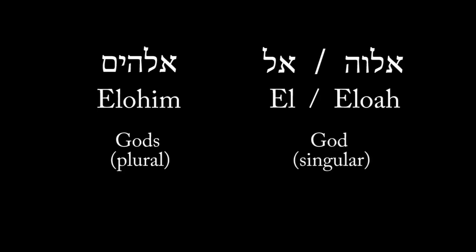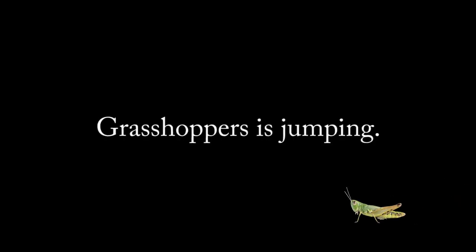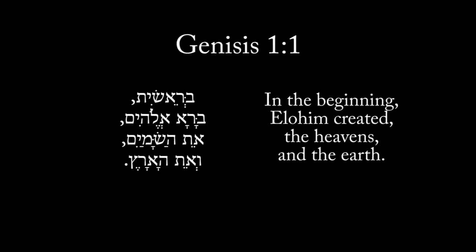But there is something that must be understood about the Hebrew language. Elohim can be used as either singular or plural, usually depending on the verb or preposition next to it. It's the equivalent of saying, grasshoppers is jumping. The plural form grasshoppers may be used, but the verb is singular, indicating one grasshopper. Here is an example from the Bible, Genesis 1:1.